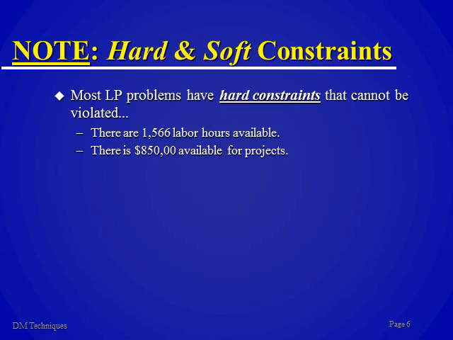Another example would be a budget of $850,000 on available projects. You need to find whatever solution is optimal and within that amount of money. You cannot go over $850,000. So these are hard constraints.